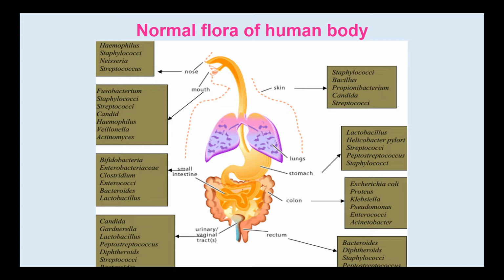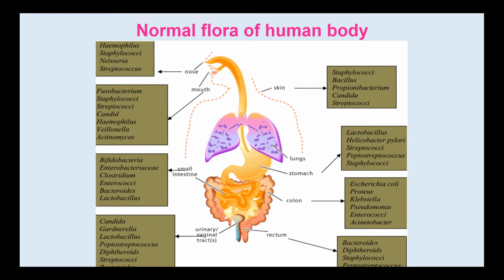But some sites or biotopes should be sterile because there is no contact with the environment, and normally for a healthy organism they should be sterile. The nervous system should be sterile. The blood system, meaning the heart and blood vessels, should be sterile.